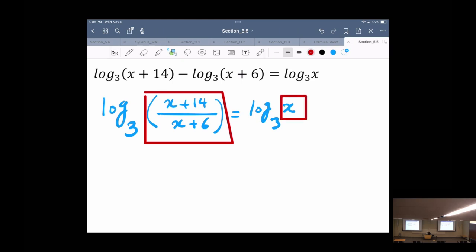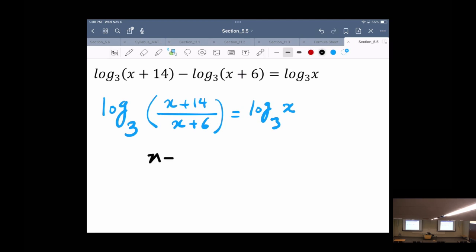There's no other way that this equation can be true, because both sides are logs, and the base is also 3 for both log expressions. So if this equation is to hold, we should be able to say, okay, therefore (x plus 14) over (x plus 6) must be equal to x.